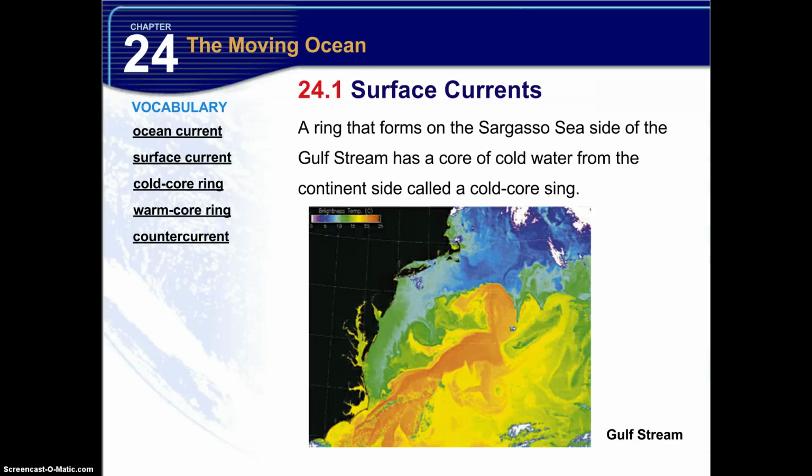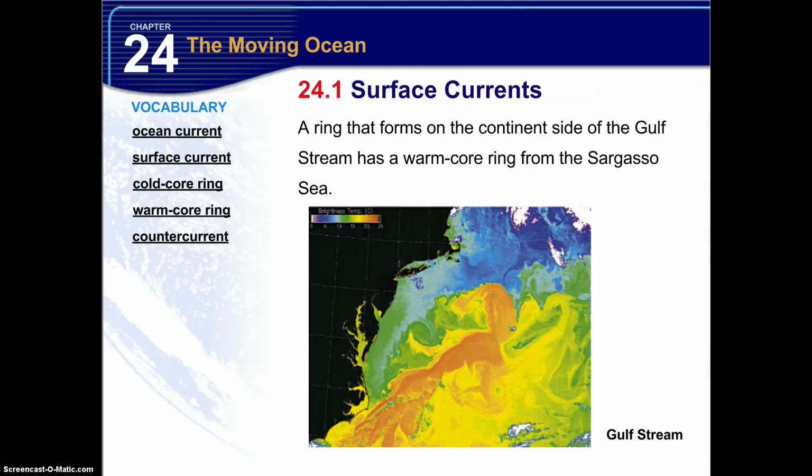Now, a ring that forms on the Sargasso Sea side of the Gulf Stream has a core of cold water from the continent side, called a cold core ring. Now a ring that forms on the continent side of the Gulf Stream has a warm core ring from the Sargasso Sea. So this false color satellite image represents values of heat radiation from the sea and overlying atmosphere.